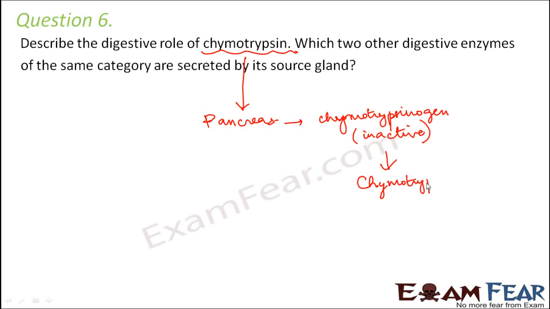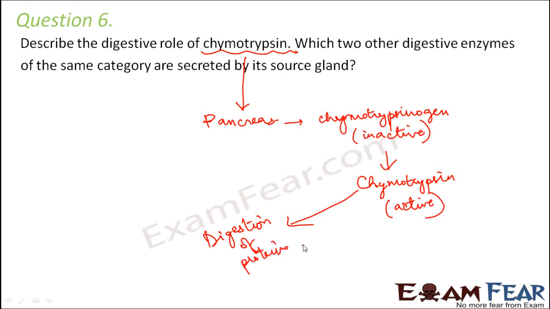So, chymotrypsin is an active enzyme, and it helps in digestion of proteins. What it does is convert proteins into peptides. That is how chymotrypsin helps.